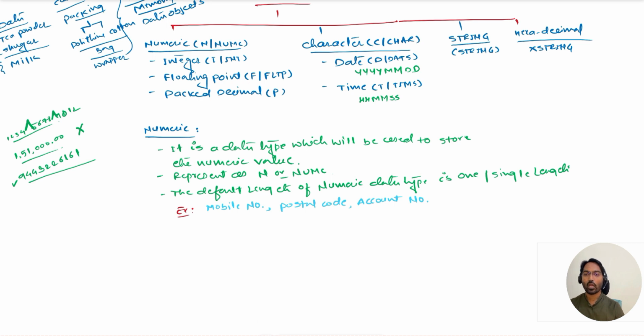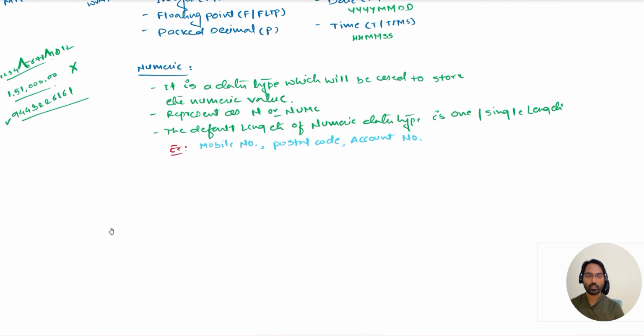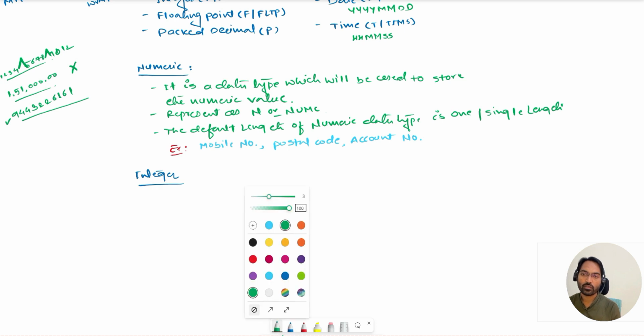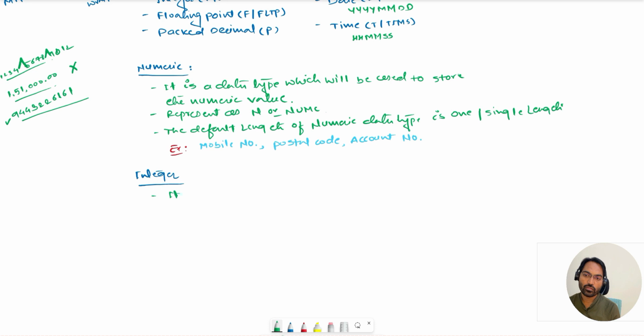Okay. Now, within the numeric, this is a parent. Again, within the numeric, we do have multiple types. So next is integer. Integer is a data type which will be used to store, again, the numbers or numeric values.